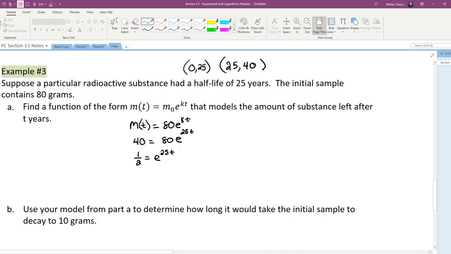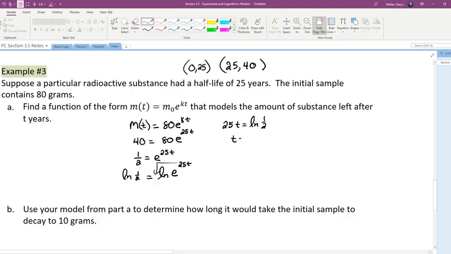I'm going to take the natural log of both sides. Oops, I'm sorry, natural log of e to the 25k. The 25k comes down. Natural log of e is 1. So we're left with 25k equals natural log of a half.